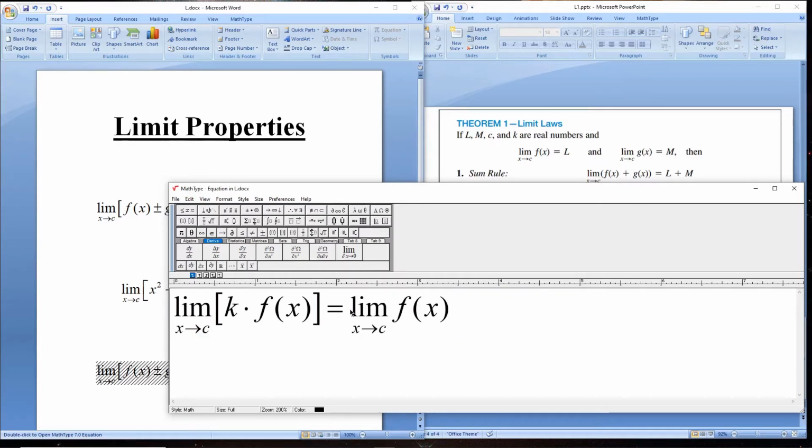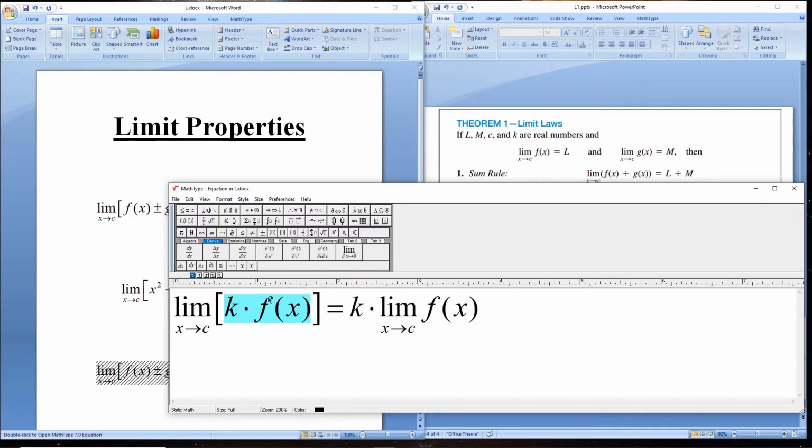And what this next property is saying is that if we have a constant factor, so k represents just like a number, it's just a number, we have a constant factor here, then we can pull that outside of the limit. So here is inside the limit.